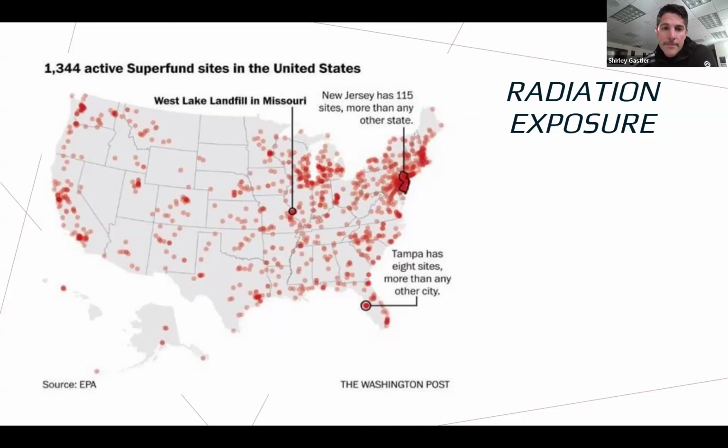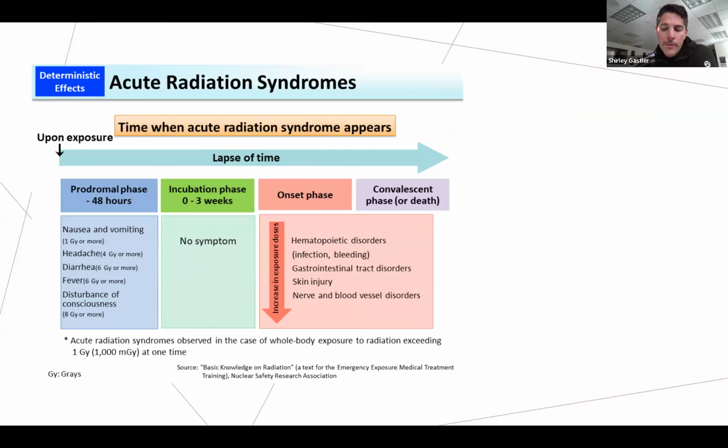As such, when you know you're in and around a radiation situation, the biggest thing to consider is the distance and the time. These are some of the early symptoms that you will get from radiation: nausea, vomiting, headache, diarrhea, fevers. Sometimes you can have altered mental status. These are the first couple of days.